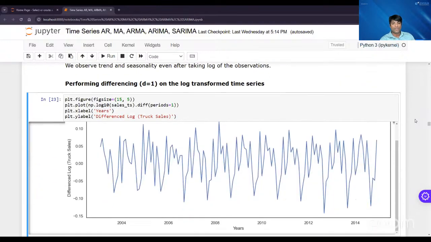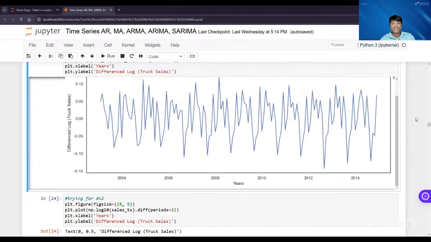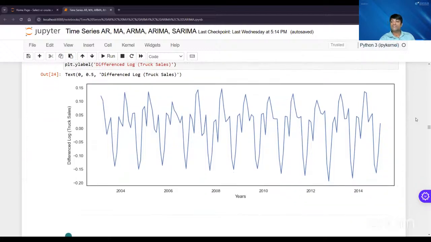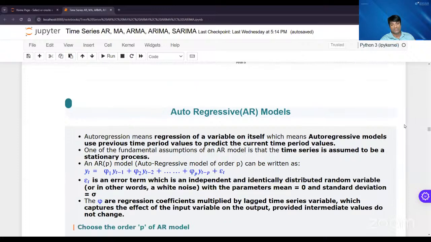But here, when you apply the log differencing with lag 2, it is much better compared to lag 1, and there is consistency in the data set. This has to be done before applying any models.